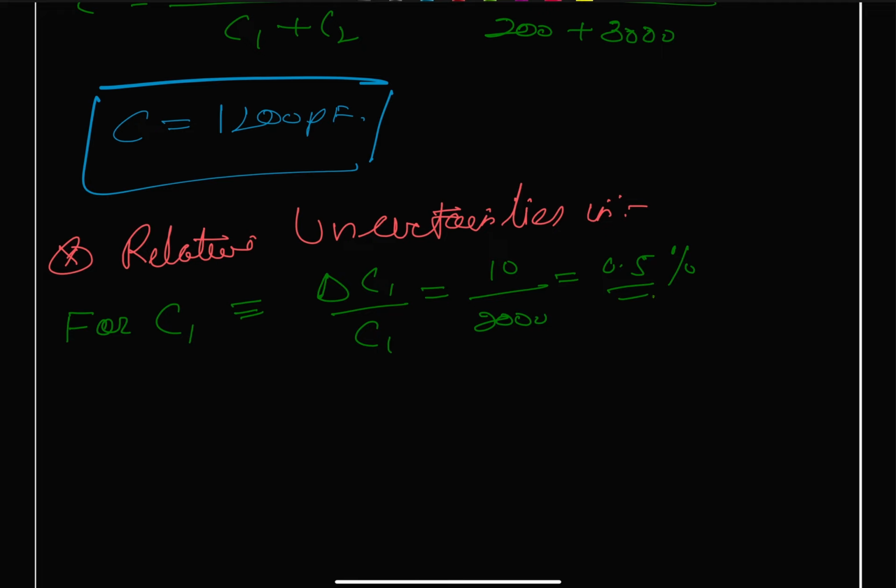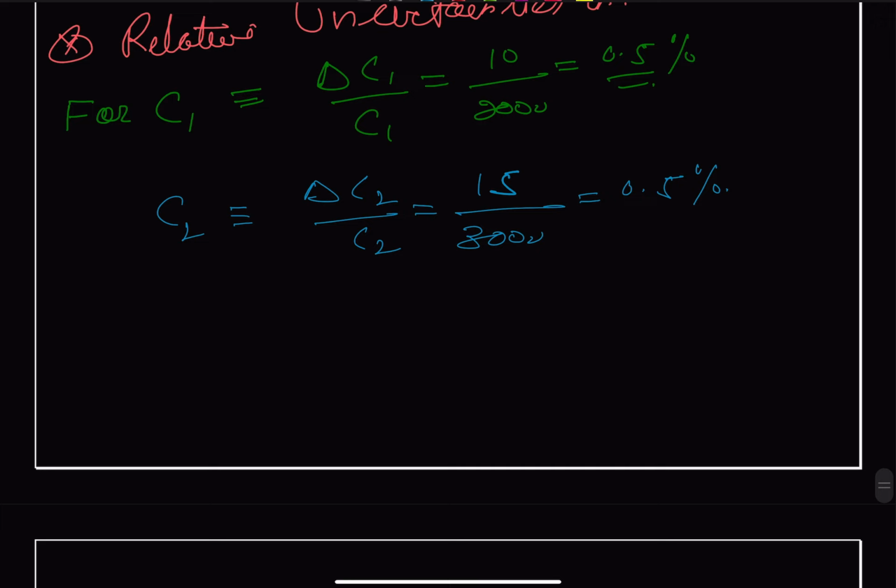Similarly, we write for our C2, that is our delta of C2 upon C2, giving us 15 upon 3000, it is 0.5%. And voltage is also, because we require energy, so we can say for V, delta V upon V is equal to 0.02 divided by 5, which gives us 0.4%.